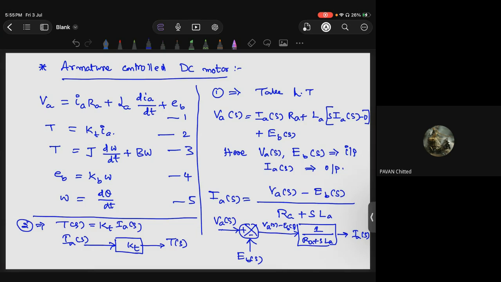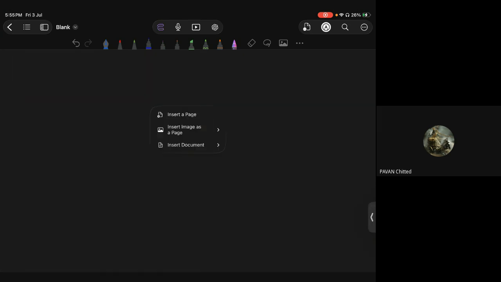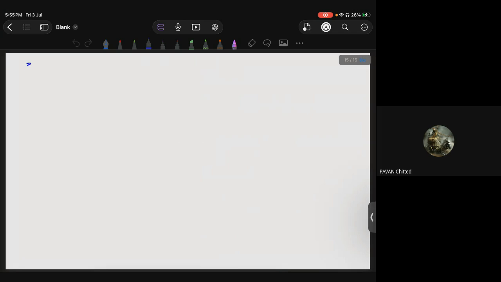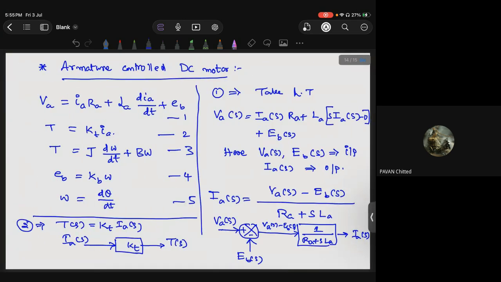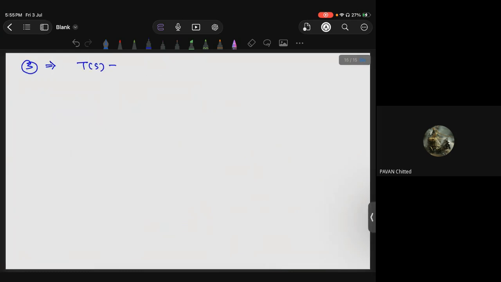Similarly, I'll take the third equation and take the Laplace transform. T of S equals J d omega by dt plus b omega, which becomes Js omega of S plus b omega of S. Here T is the input and omega is the output.